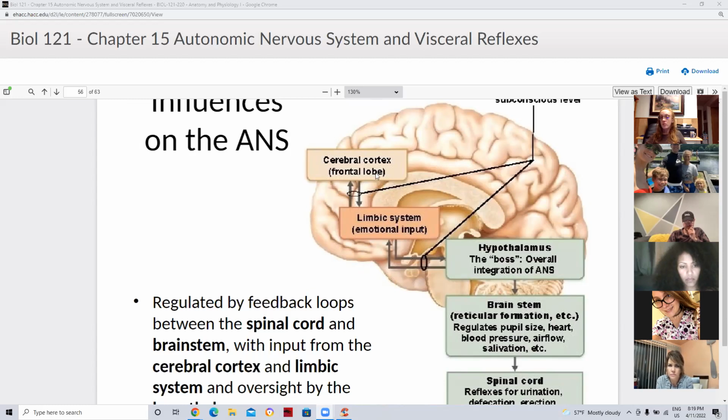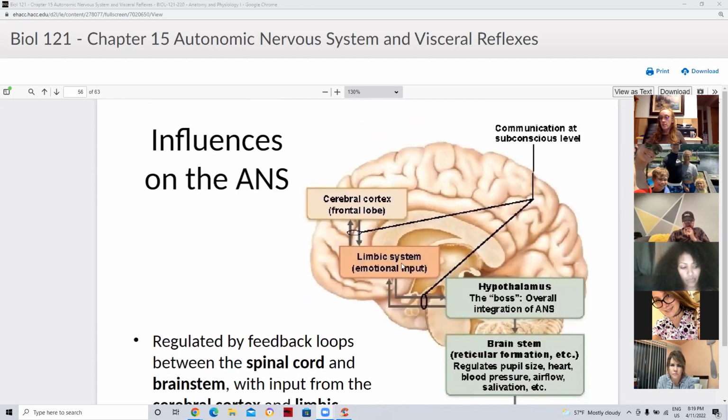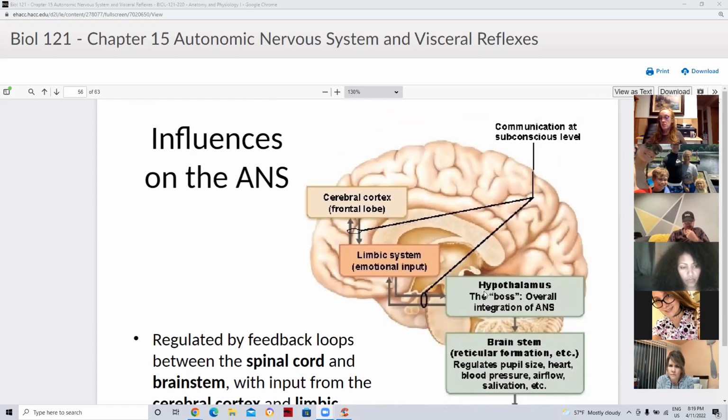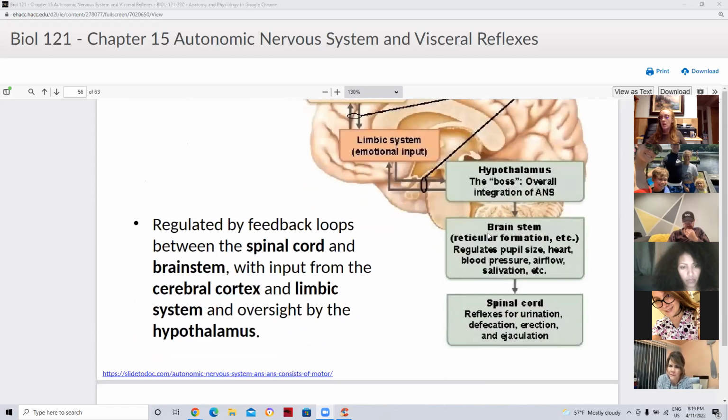So feedback between the cerebral cortex, the limbic system, and the hypothalamus is going to send signals to the brainstem and the spinal cord.